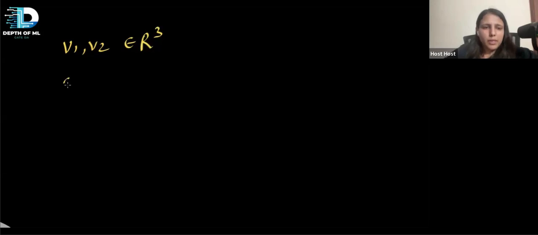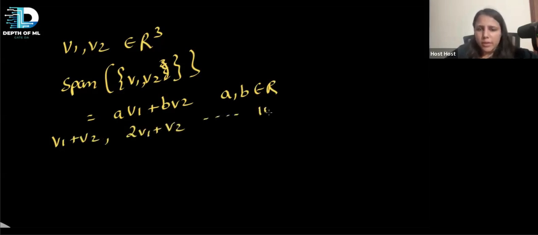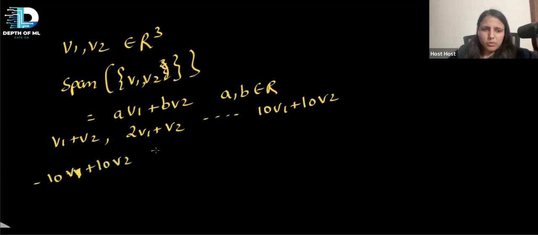Now I'm taking span of V1 and V2, which equals A V1 plus B V2, where A and B belong to R. So I have linear combinations of V1 plus V2, 2V1 plus V2, 10V1 plus 10V2, also in the negative directions, V1 plus 10V2, etc. Now, can you tell me, Jagat, whether this will give me all the vectors in R3?